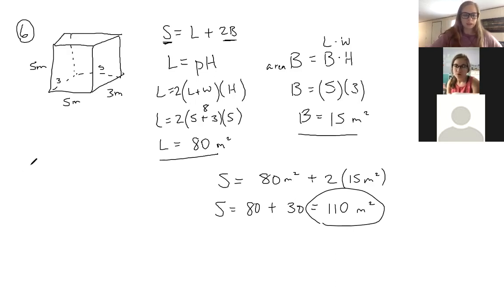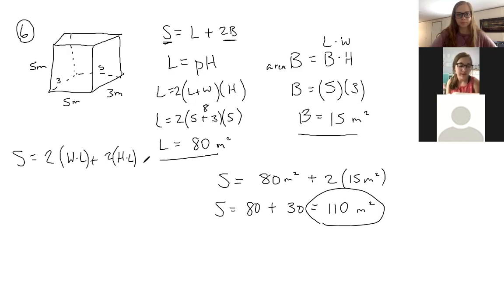Brandley, let me ask you this. Did your mom show you a different formula to use? Yes, ma'am. We did S equals 2 times the width times the length plus the height times the length plus the height times the width.